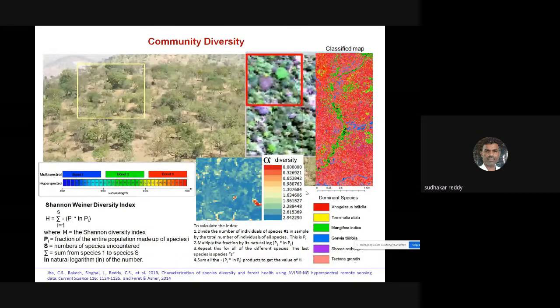By implementing various kinds of image processing algorithms, and equations like the Shannon-Wiener index for high resolution and hyperspectral images, we can compute the species diversity, or the Shannon-Wiener index, of a given place. Finally, that will help us in identifying the biodiversity distribution, from high diversity areas to low diversity areas, and is helpful to the forest departments in identifying the areas of high biodiversity.